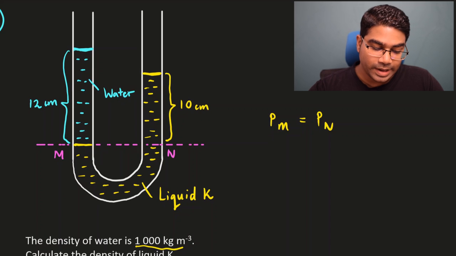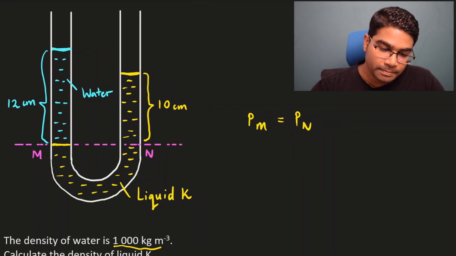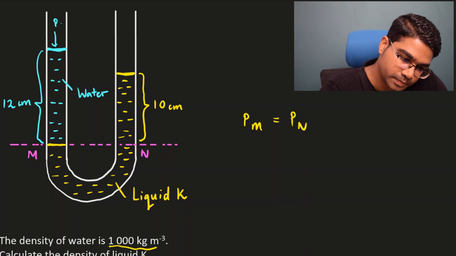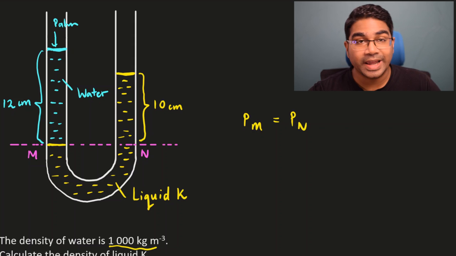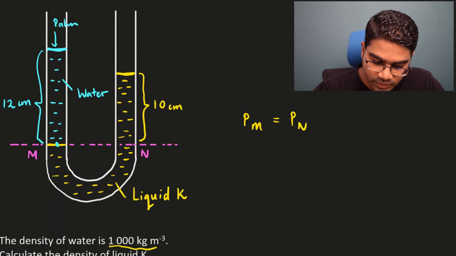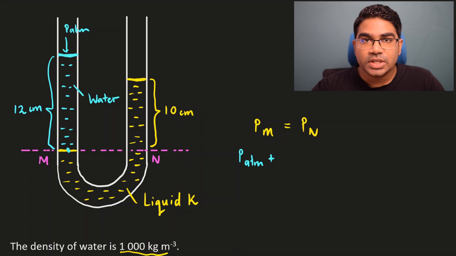So let's look at M first. What is the total pressure at M? At M, we have, don't forget, atmospheric pressure. So the total pressure acting at M at this point here would be atmospheric pressure plus the pressure exerted by liquid, which in this case is water, by 12 centimeters of water.